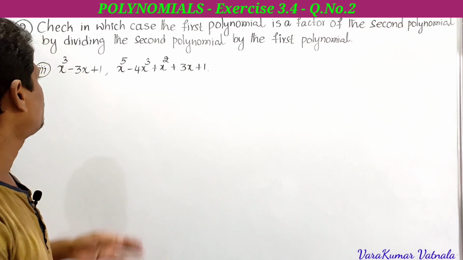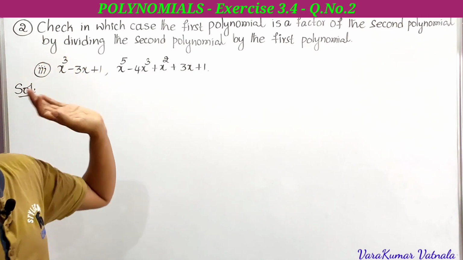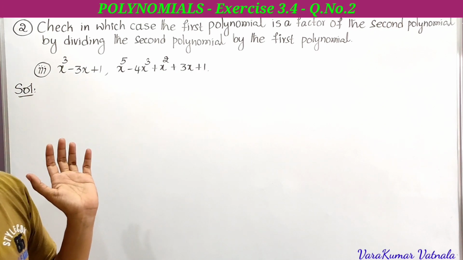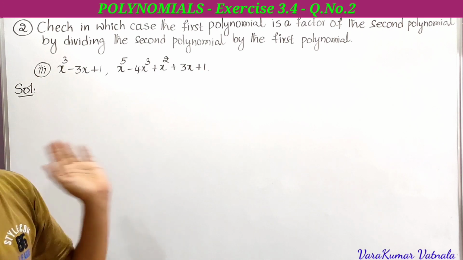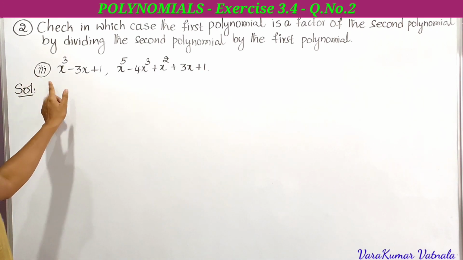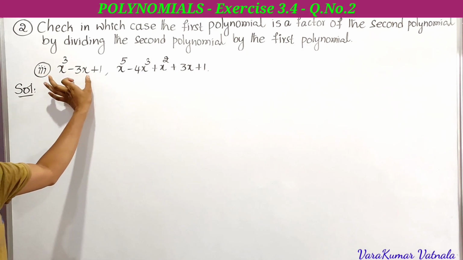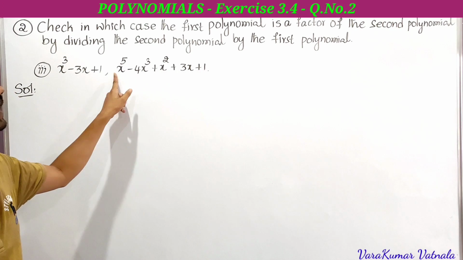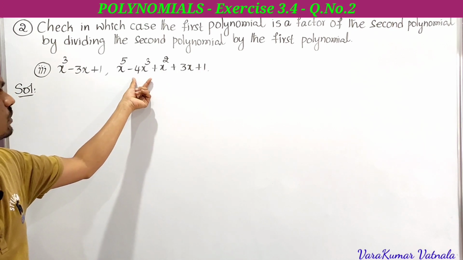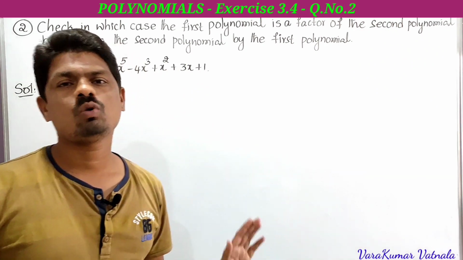Again he has given two polynomials. He is asking to check whether the first polynomial is a factor of the second polynomial by dividing the second polynomial by the first polynomial. This is the first polynomial, x cube minus 3x plus 1. This is the second polynomial, x to the power 5 minus 4x cube plus x square plus 3x plus 1.